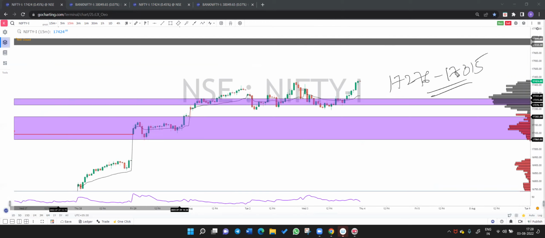Until these buyers start giving up, or I see fresh selling coming in at these areas at the highs, I will not short this market for now. And let's say tomorrow we open with a mild gap down or somewhere around 17,276 and 17,315. This is an area where I would look to trade the bounces until it breaks down. Only when it breaks down, I would put on a short with a target of 17,200 this time.